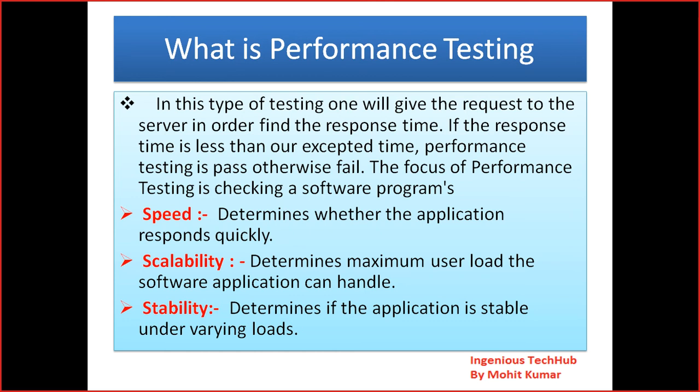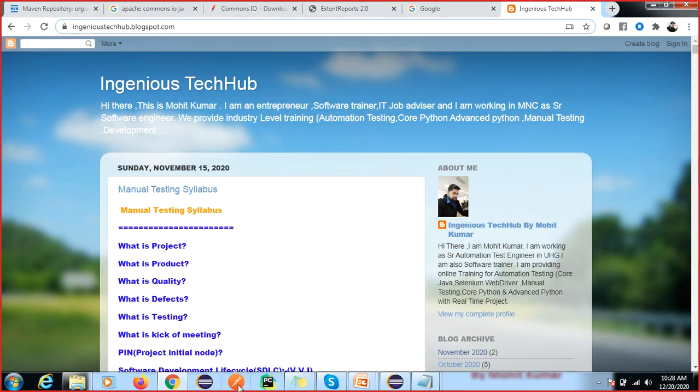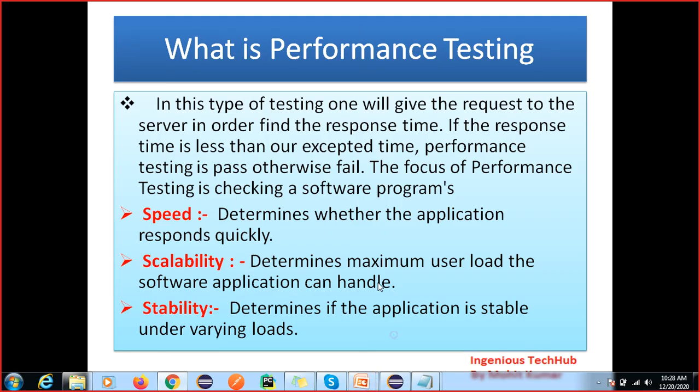Again, what is performance testing? In this type of testing, one will give a request to the server. I will show you one code for API testing. We are going to check the performance of the application, how your application is performing.